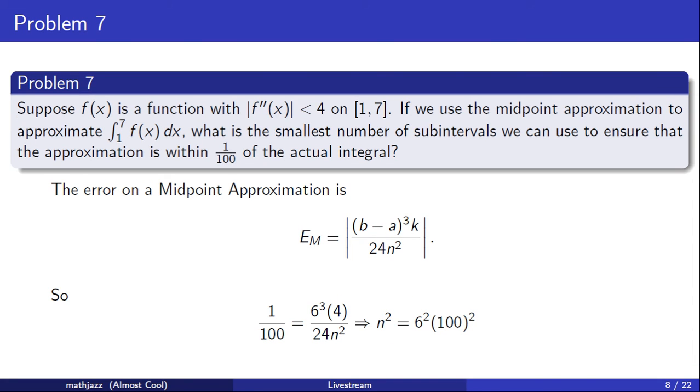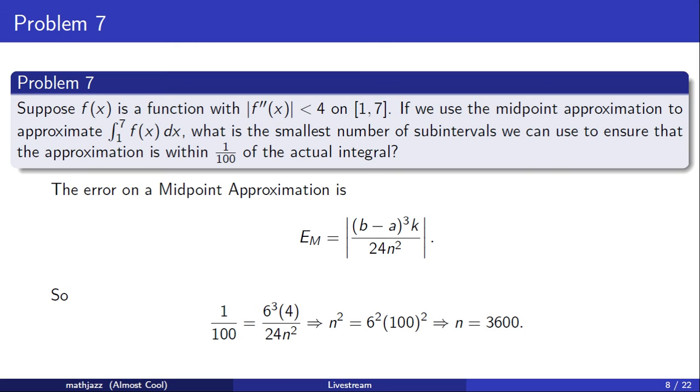So multiply both sides by n squared and cancel out the 24 on the top and bottom of the right fraction. Multiply both sides by 100. It all comes out to be, there's an extra square here. This square shouldn't be there. It's 6 squared times 100, which gives us 3,600.